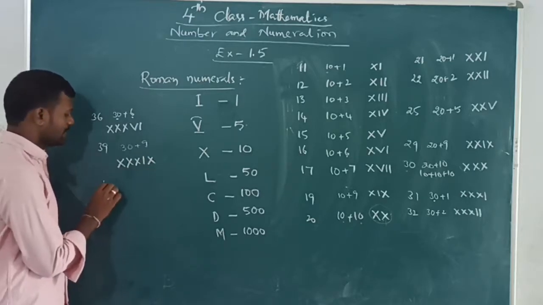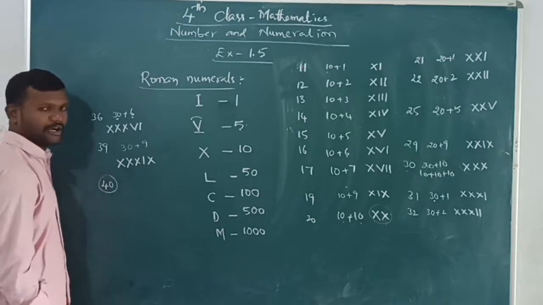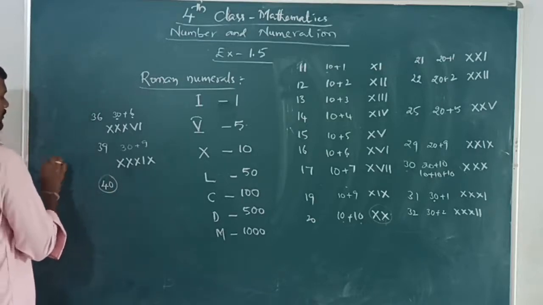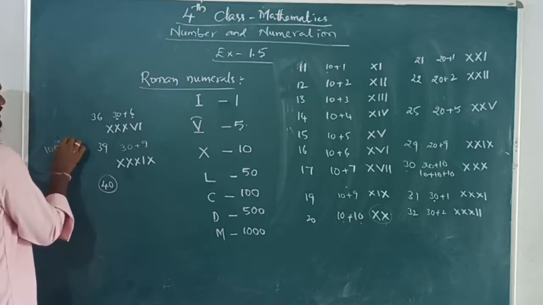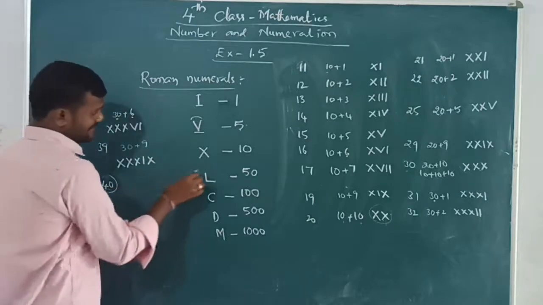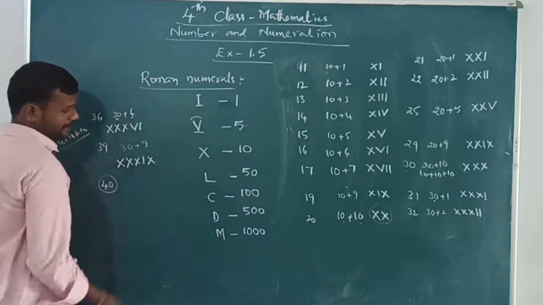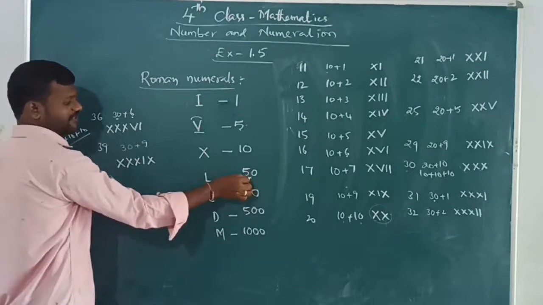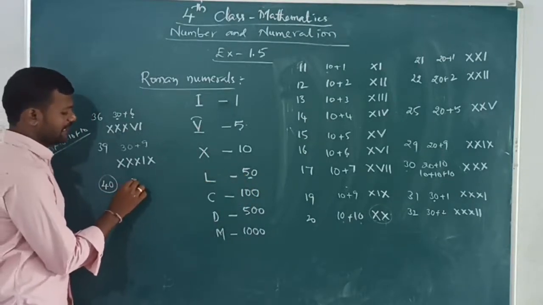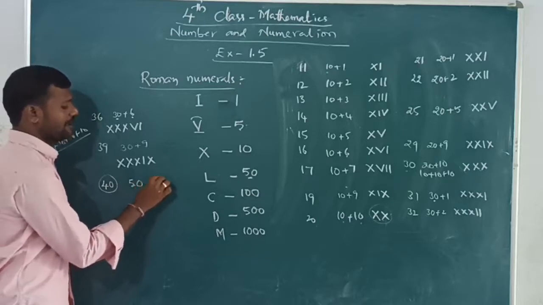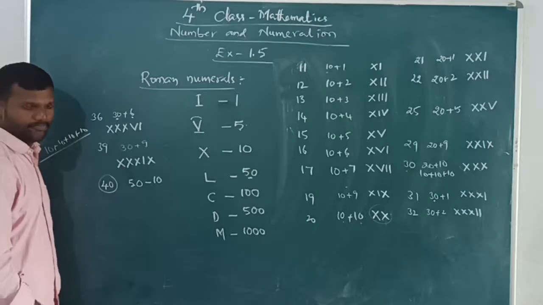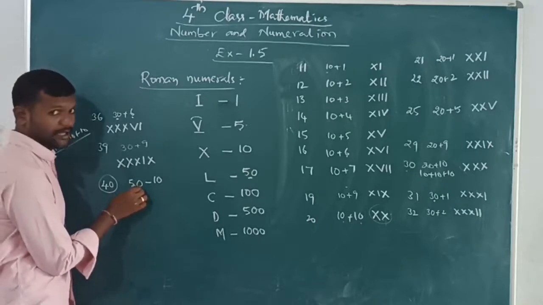Now next one is what? 40. How can we write 40? 40 means 4 X, 4 tens, 10 plus 10 plus 10 plus 10. Actually, this is 40. But what is the nearer number to 40 here? Near number is 50. So how can we write 40? 50 minus 10, it is 40. From 50 you have to subtract 10. 50 means symbol.